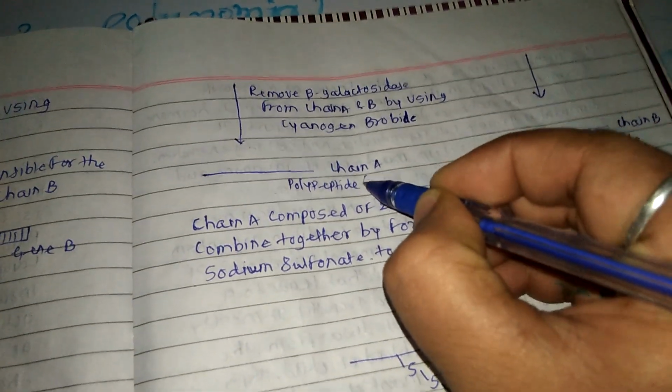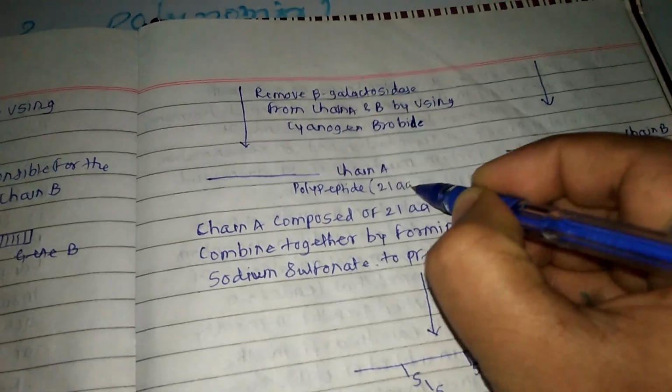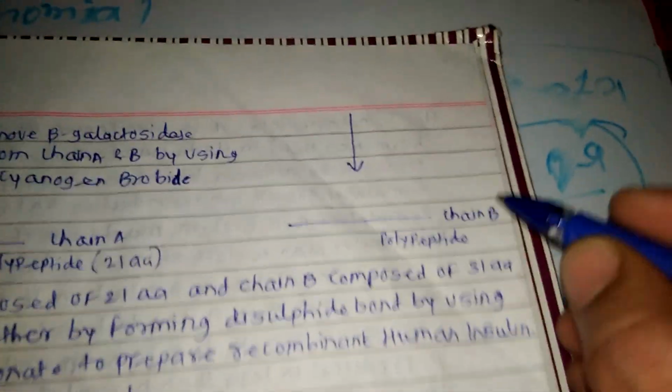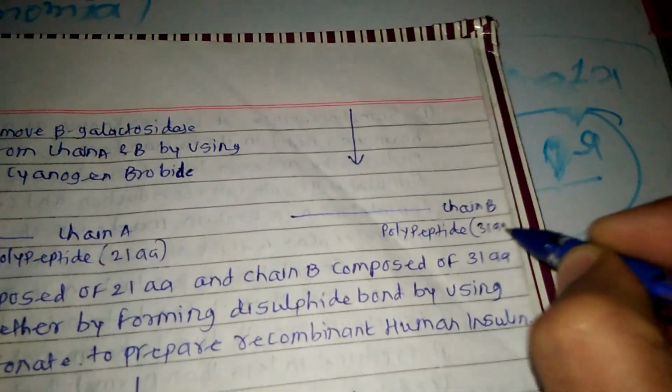Polypeptide chain A is made up of 21 amino acids, and polypeptide chain B is made up of 31 amino acids.